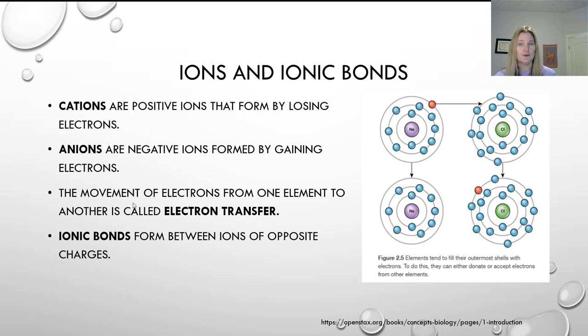One loses the electron and becomes a cation, the other gains the electron and becomes an anion. So they form an ionic bond. So cation sodium and anion chlorine have formed an ionic bond.